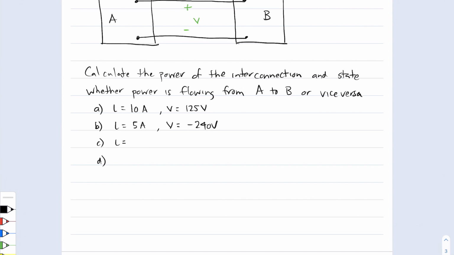For case C, this is measured to be minus 12 amps. The voltage is 480 volts. And lastly, for case D, the current is minus 25 amps and the voltage is minus 660 volts.